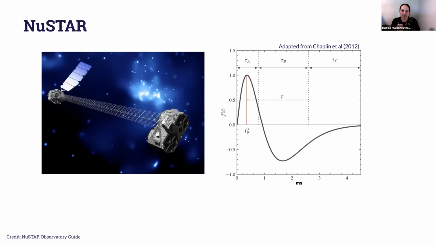But after a photon has hit a detector, you get this response curve on the right. And in this short period, for NuSTAR it's about 2.5 milliseconds after this photon arrives, you cannot record another photon. So if you have a bright source, then a lot of photons are lost because you have photons arriving much closer to each other.